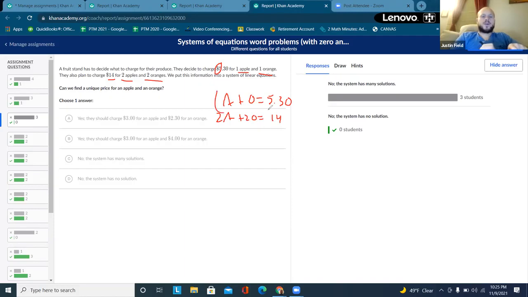And so if I multiply this by -2, then I get -2A, which is good, the A's will cancel, but then I also get -2O, which doesn't look like an O. But anyway, that makes those cancel. And then -2 times 5.3 is -10.60.